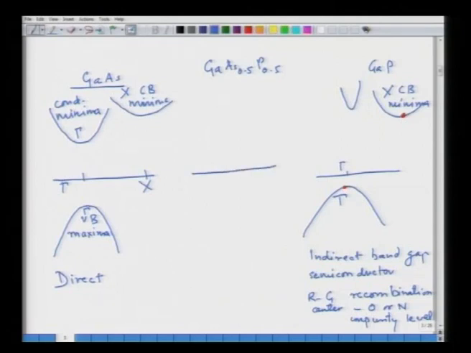At the point of the crossover, the maximum of the valence band and the minimum of the conduction band are the same for both gamma and X point. Below this composition the material is direct band gap, and above this composition the material is indirect band gap.